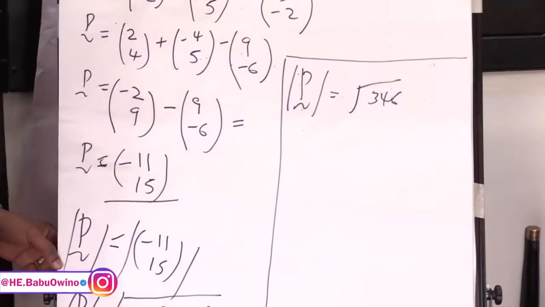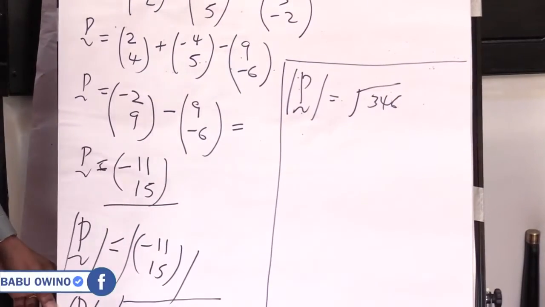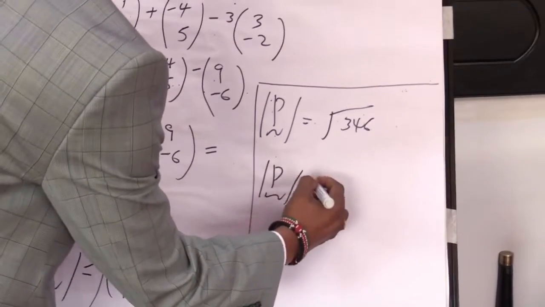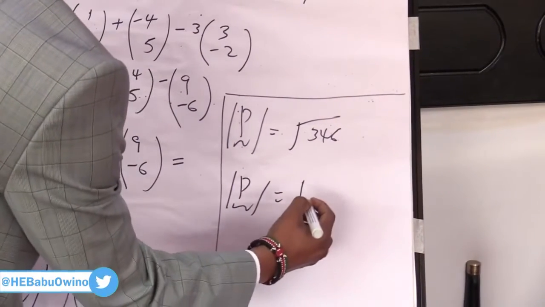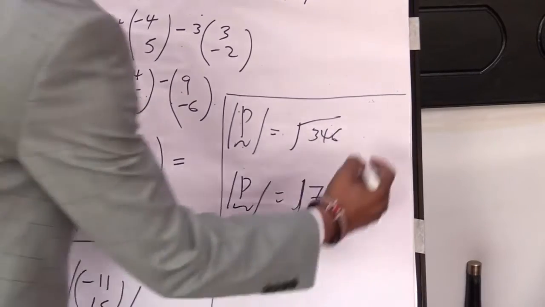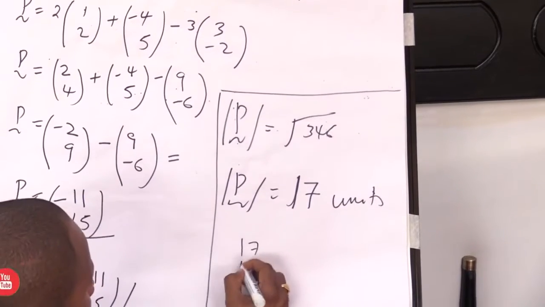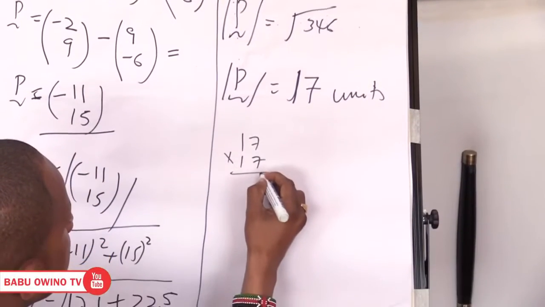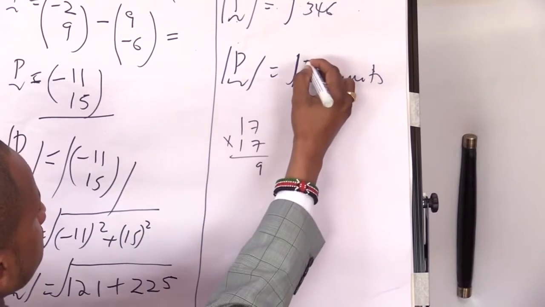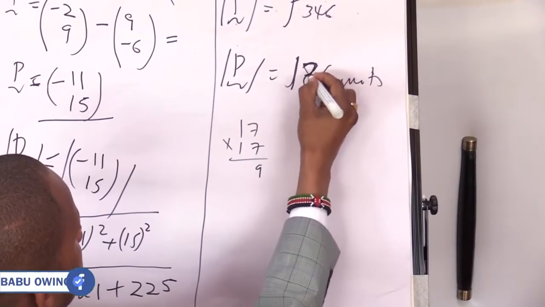This is 17. Is it? Just find out the square root of 346. 17, it should be that. The square root, this comes to 17 units. 17 times 17, 49, huh? 18.6, sorry. 18.6.